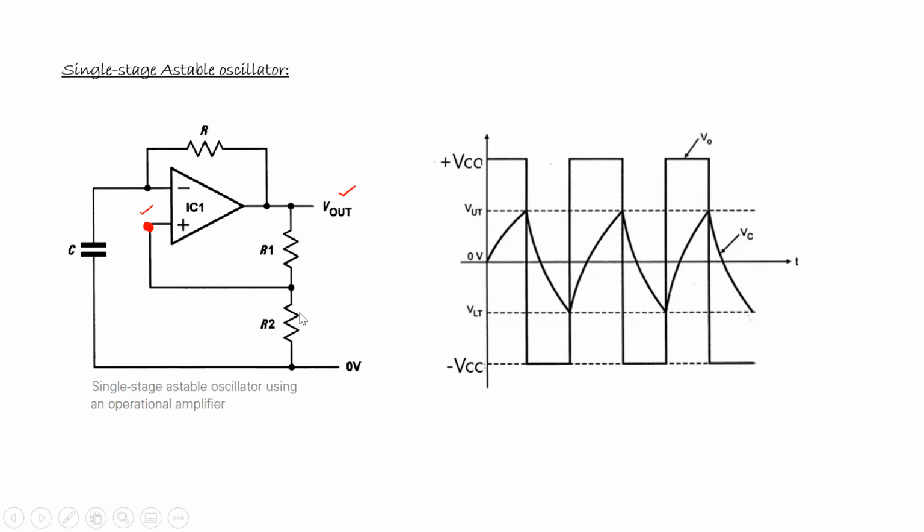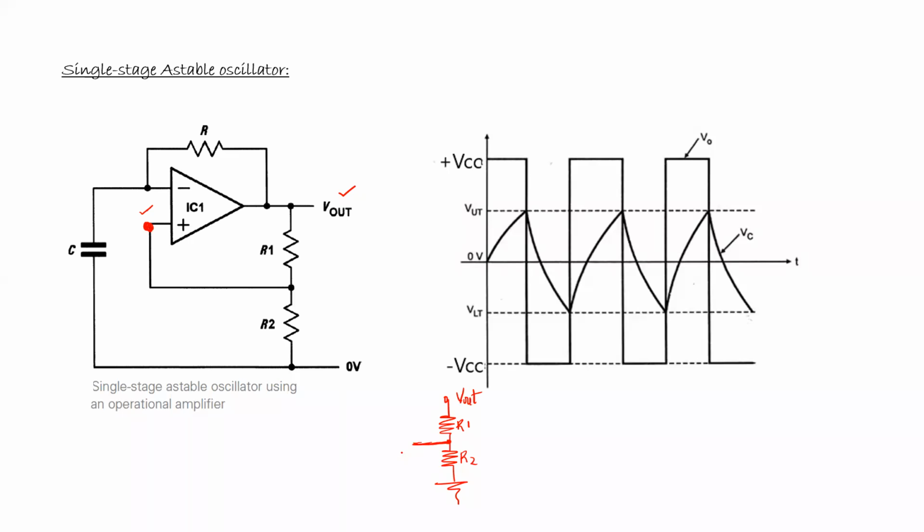Now see here, there are two resistors. Using the voltage divider rule, this is R1, this is R2, and this is V out. They are taking the output from here.